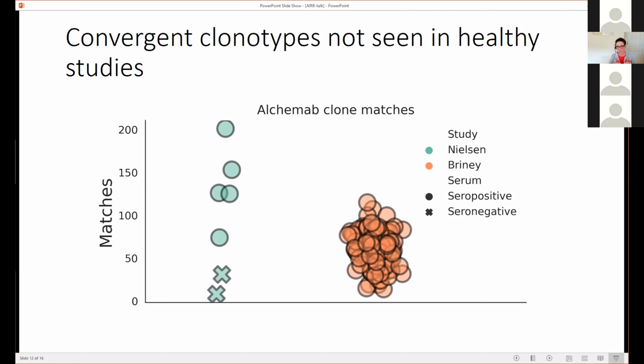So across to the Nielsen data sets in green, and across to healthy is the Bryony study from the Nature paper there. And what you can see is we're getting far more matches to the Nielsen study than we are to healthy data sets. And because we now have such a rich representation of what we think a healthy repertoire is, and this is going back to the number of data sets that people have produced there, we can start to see what really potentially are the interesting overlapping clonotypes between the coronavirus patients in all of this.